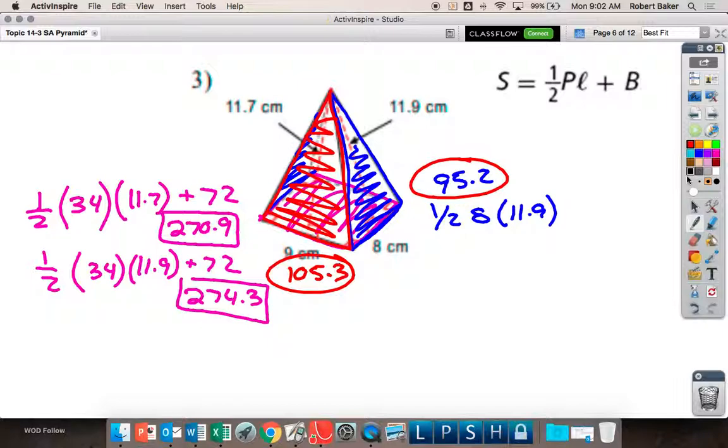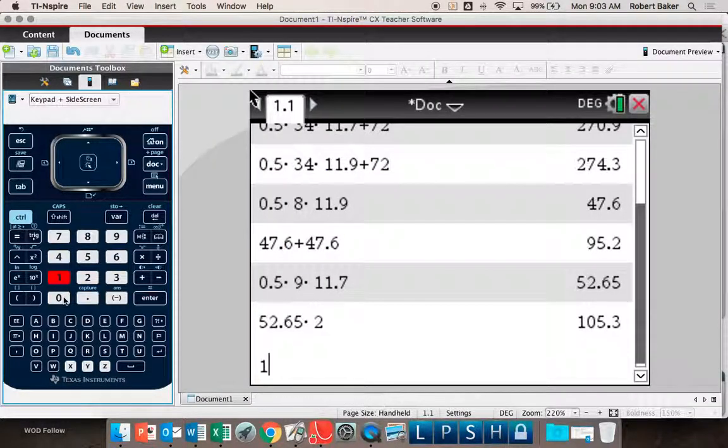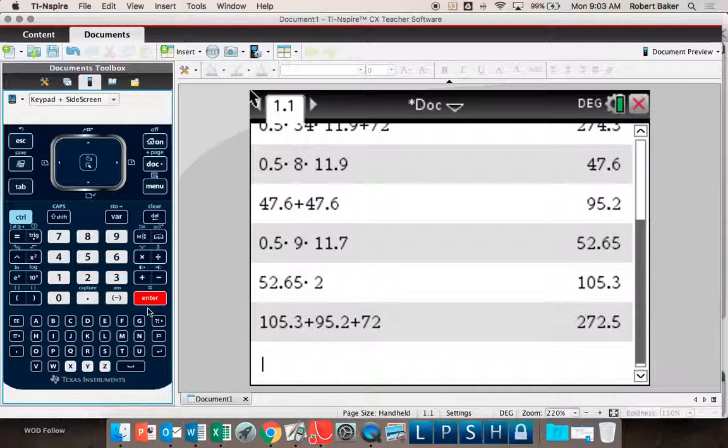The base down here is 9 times 8, which is 72. So we add all those numbers together, 105.3, 95.2, and 72. 272.5.